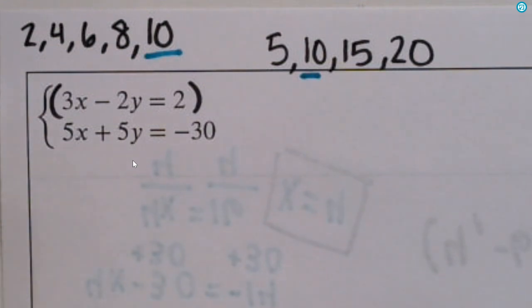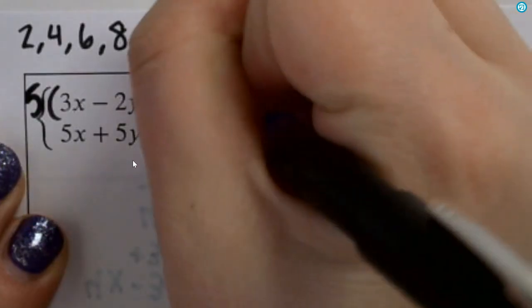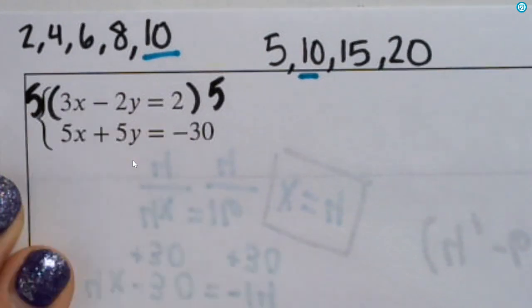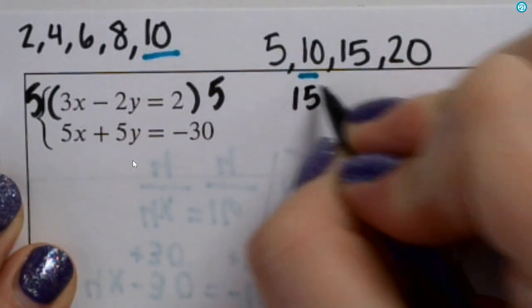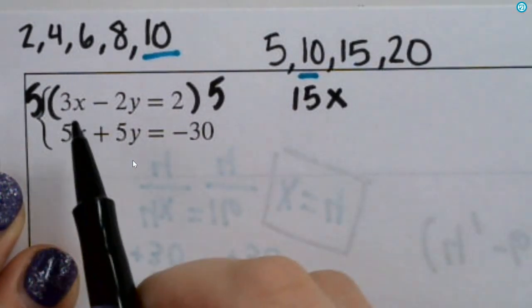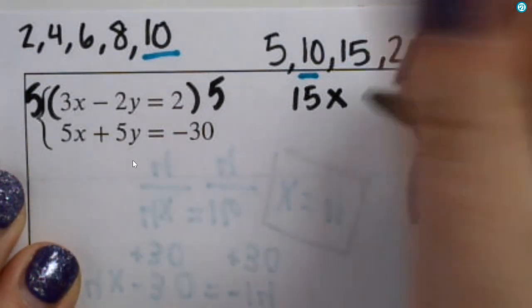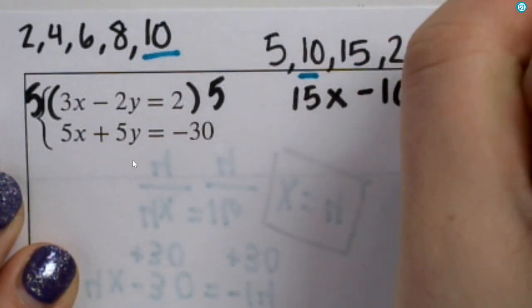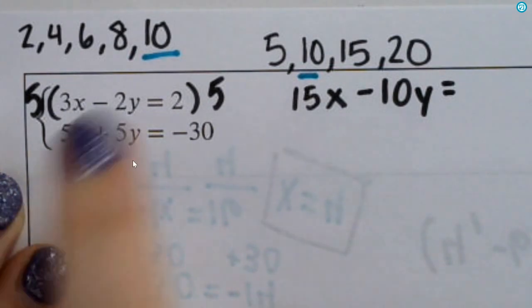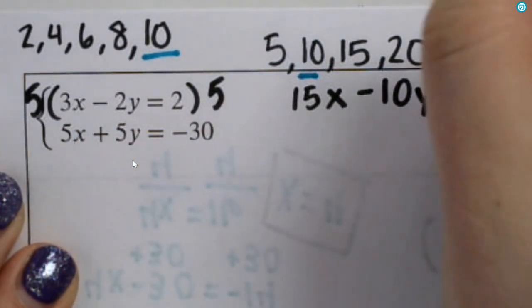Yep, so we're going to multiply our top one by 5. So we'll do 5 times 3x, which is 15x. We'll do 5 times negative 2, which is negative 10y. And then 2 times 5, which is 10.